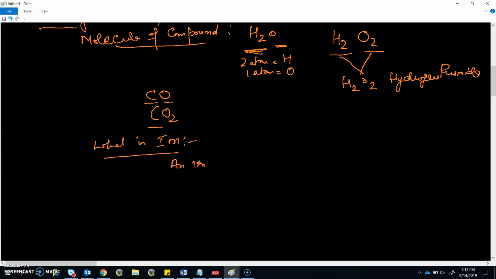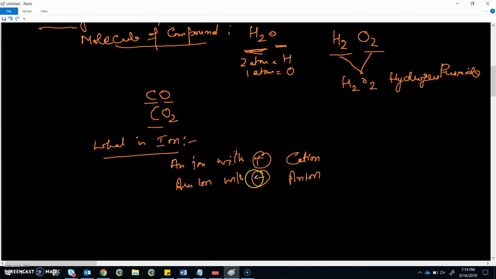An ion with positive charge is called a cation, and an ion with negative charge is called anion. We will discuss in the next video what is this positive and what is this negative charge.